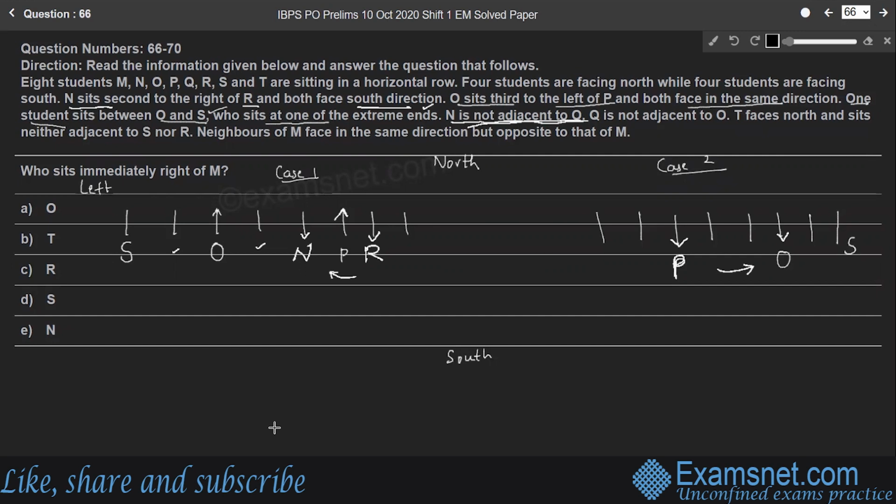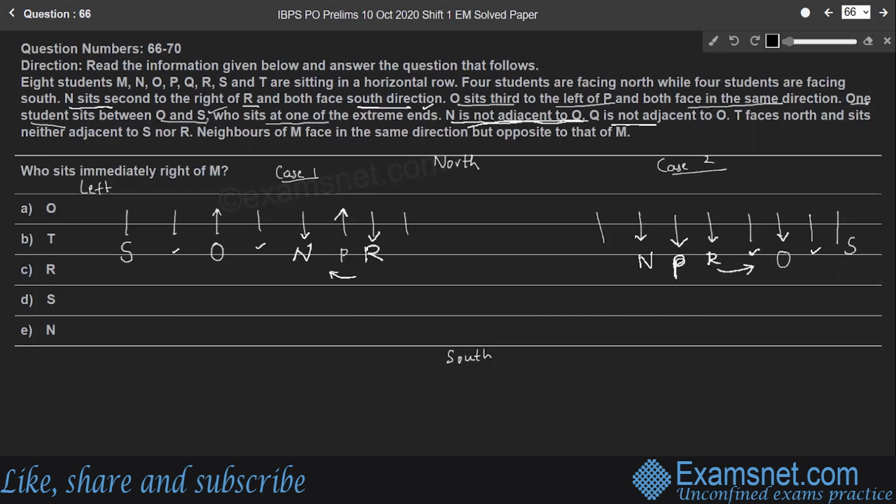In case 2, what will be the position of N and R? Because N is not the neighbor of O. So N cannot sit either here or here, right? Therefore, N has to sit, both of them are facing south direction, second to the right of R. That means to the right of R means here, N will be sitting here, right? Next condition, next part.